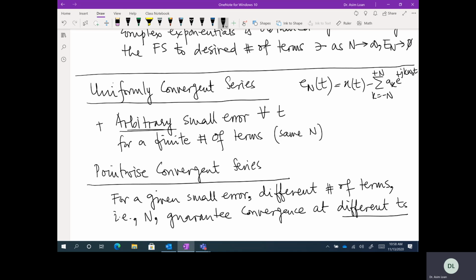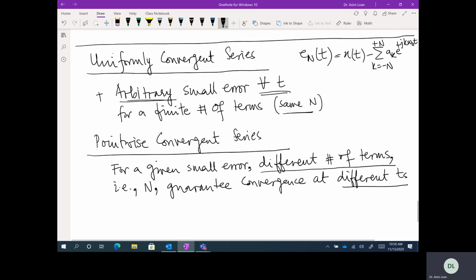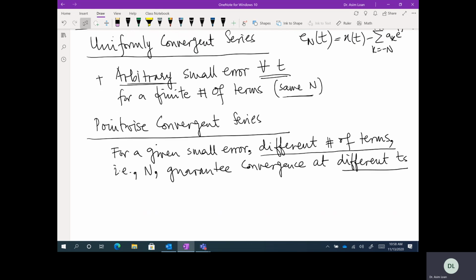So in pointwise convergence, different t's need a different number of terms, whereas in uniform convergence it is the same n for all t. So there's a difference between pointwise and uniform.